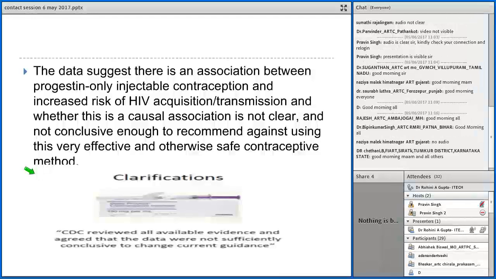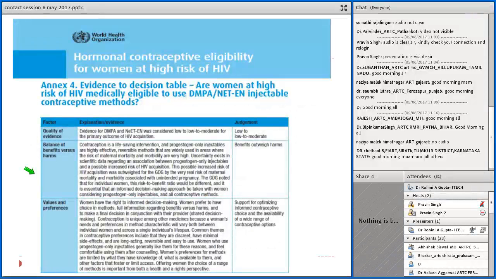So as per CDC, this is a very safe contraceptive option, but it should be an informed option where you tell them that studies are being done where some association of increased HIV transmission and increase in risk of HIV is there, but studies have not been conclusive.